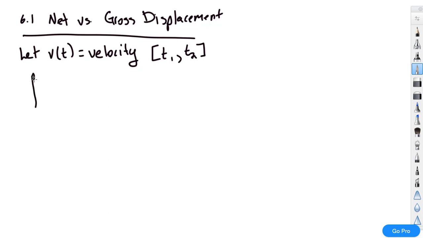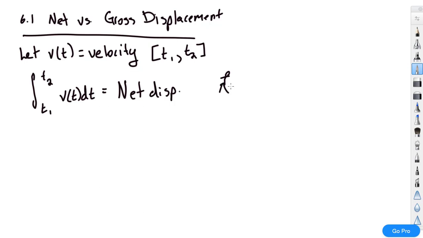So let's say that we're looking at the integral from t1 to t2 of somebody's velocity. What that's going to give us is their net displacement. Imagine that a person walked a distance and then turned around and walked back, and let's say this total distance is 4 meters.